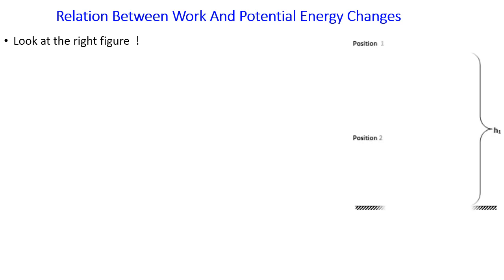After we understand the relation between work and kinetic energy changes, now we will learn about the relation between work and potential energy changes. To understand that, firstly look at the right figure.